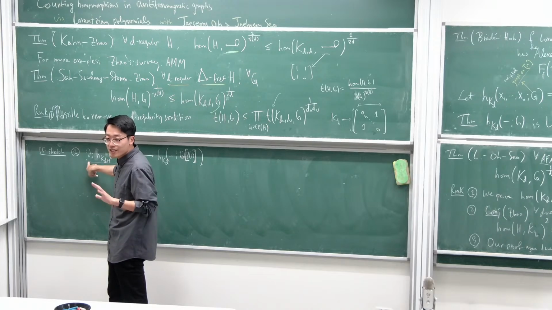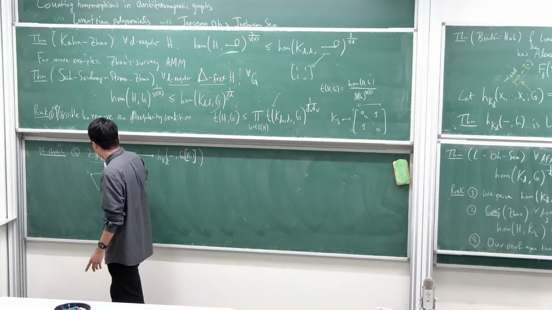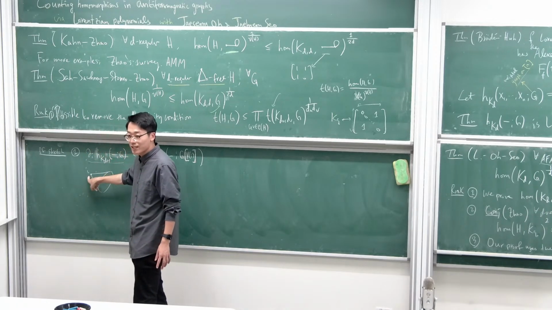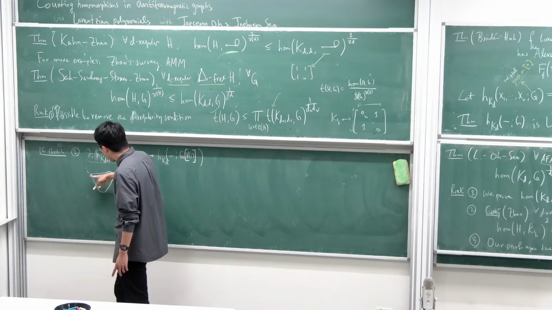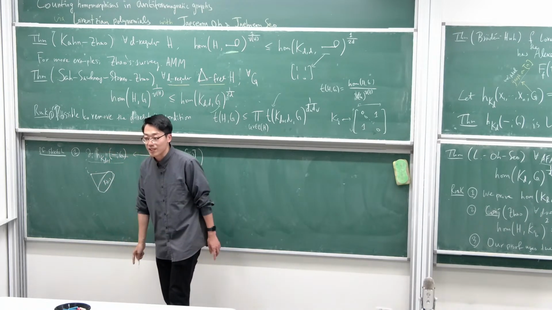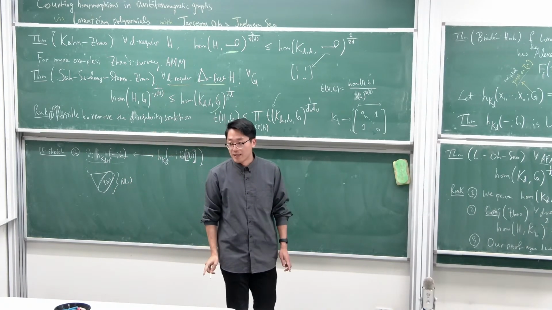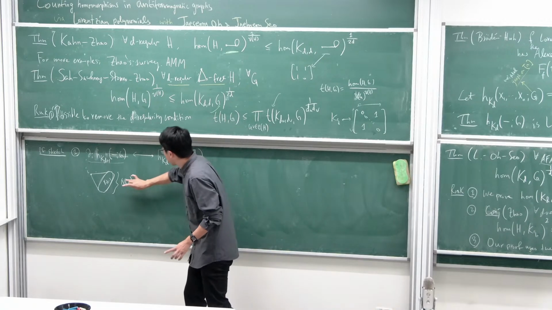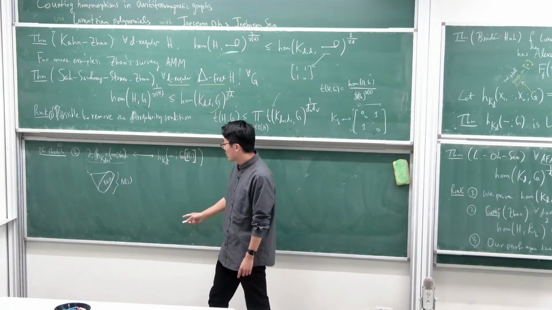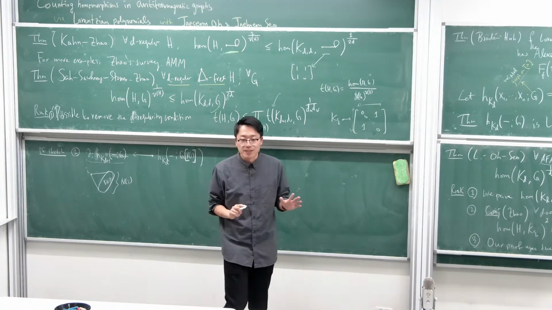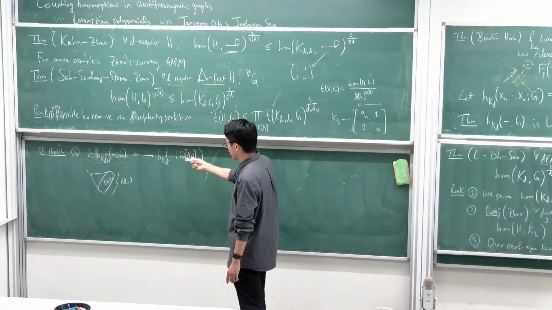Otherwise it doesn't contain x_i, so it vanishes. So here I'm basically counting those homomorphisms of K_{d+1} that use the ith vertex in any kind of way, which corresponds to a copy of K_d in the neighbor set of the ith vertex. Why t minus 1? Sorry, d. Yeah, thanks for that correction. So this is more like an observation. You can just work it out, and you can easily prove that this works.